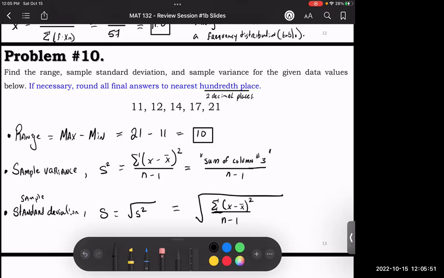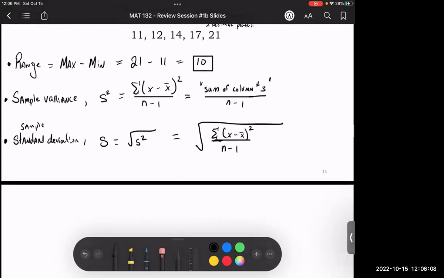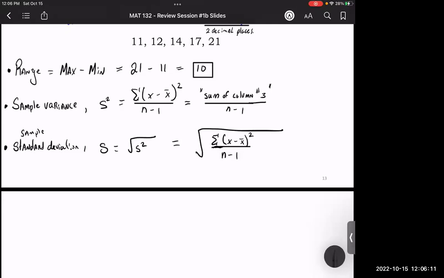Now, remember, both the sample variance formula and the standard deviation formula include two other notations, x bar and n. We already know n represents the total number of data values, and x bar is your sample mean. So before I can create a table, I first figure out what the sample mean is. To get our sample mean, x bar, we just take the sum of all the data values divided by n.